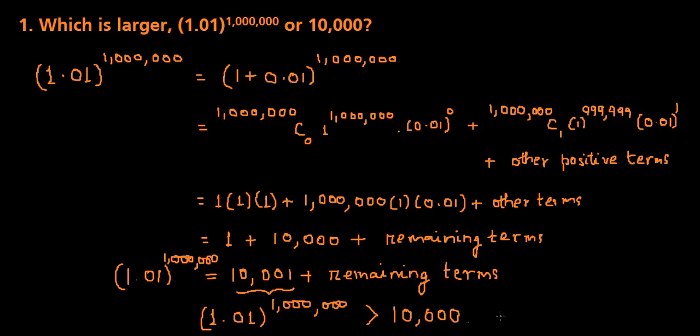Okay, so let's do another one. Question number 2 asks: which one is larger, 1.1 raised to the power 10,000 or 1,000? It's very similar to the first one, so this is how we're going to do it. We first write down 1.1 raised to the power of 10,000 as (1 plus 0.1) raised to the power of 10,000. Then we expand it using the binomial theorem.